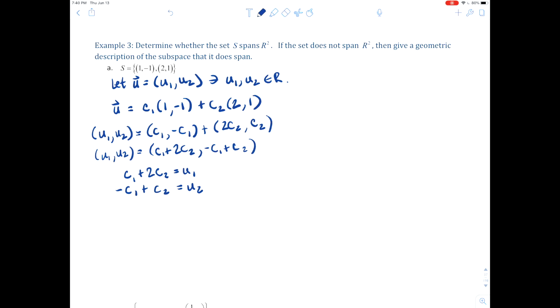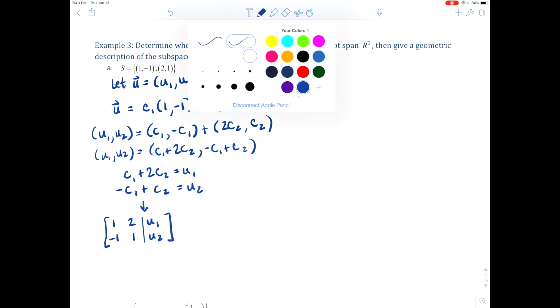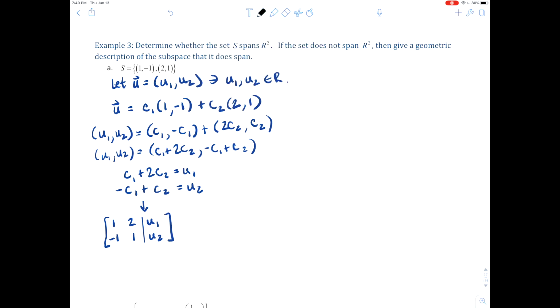So, putting this into a matrix, what are we going to have? 1, 2, U1, -1, 1, U2. And what do we want to do? We want to get rid of that -1 in the second row, first column.